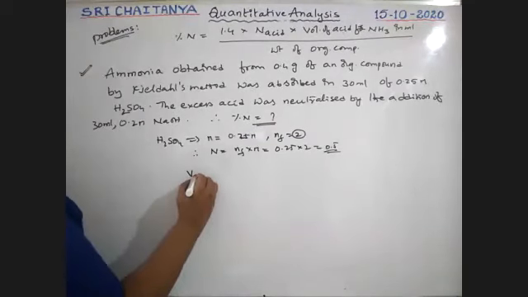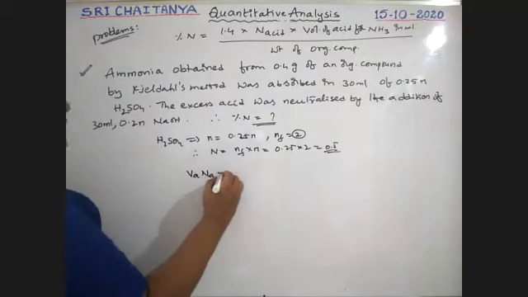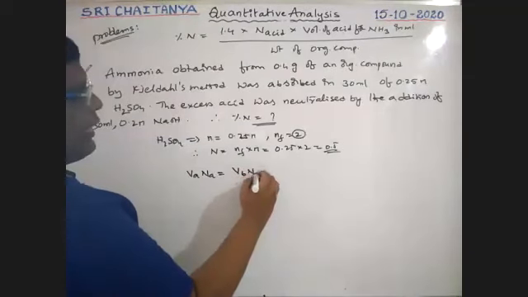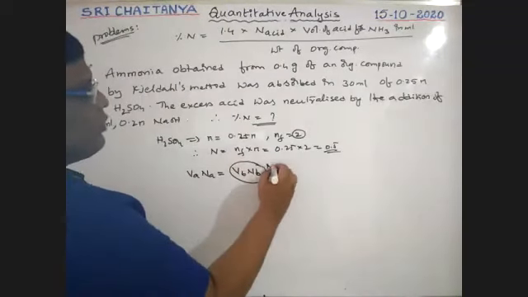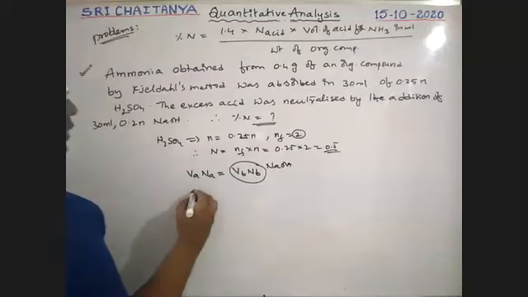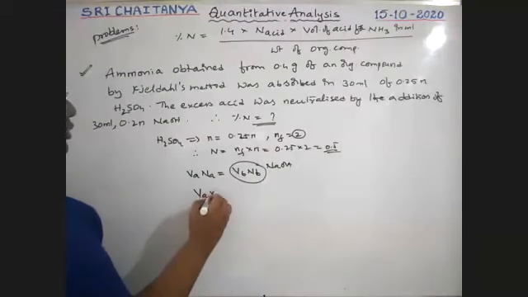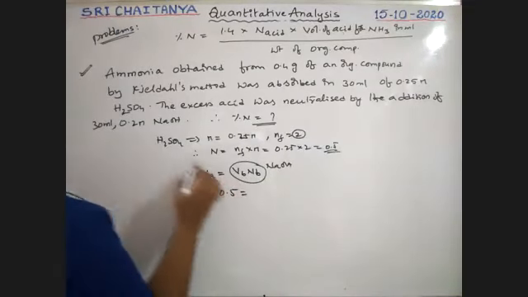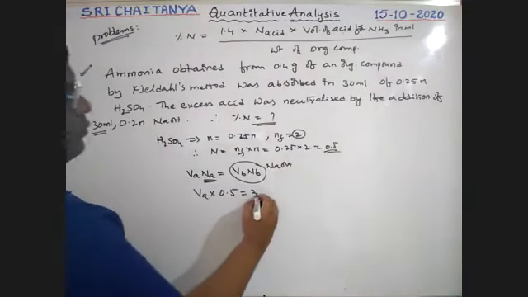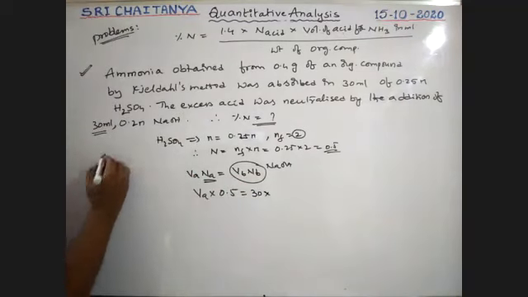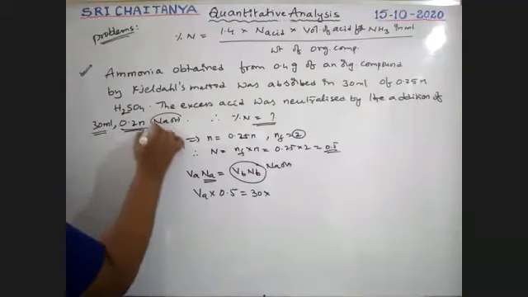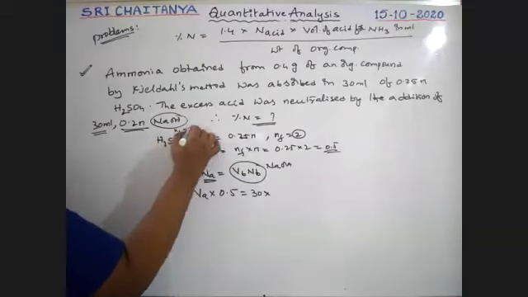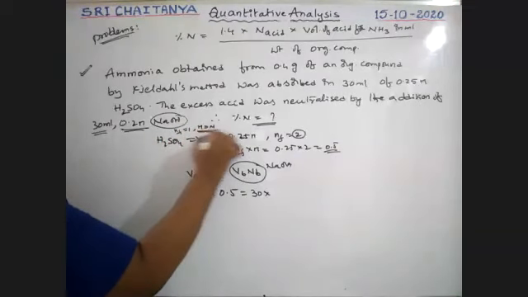First of all, VA NA is equal to VB NB. It is for NaOH, boys. Now, VA into normality of acid 0.5 is equal to volume of base 30 into normality of base. So for NaOH, n factor is equal to 1, molarity is equal to normality.